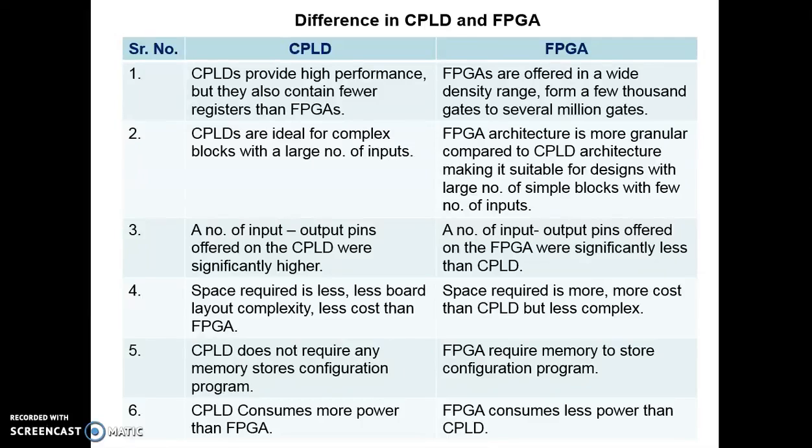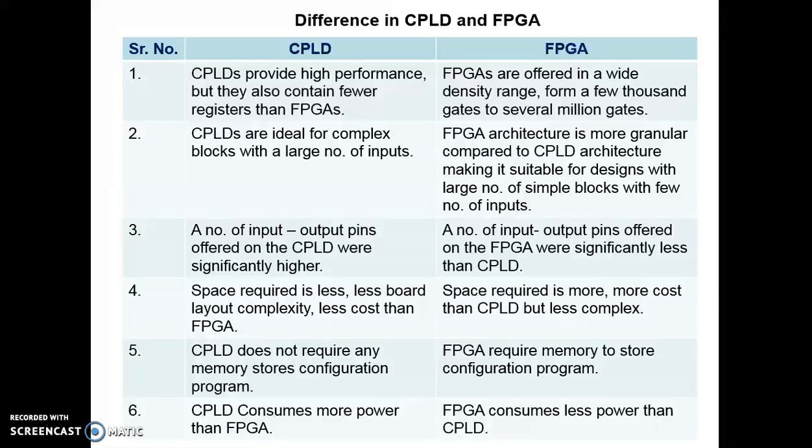CPLDs are ideal for complex blocks with a large number of inputs. FPGA architecture is more granular compared to CPLD architecture, making it suitable for designs with a large number of simple blocks with a small number of inputs.